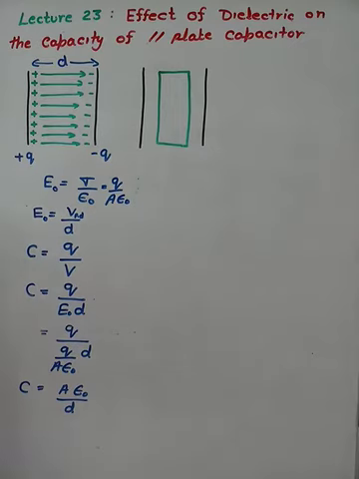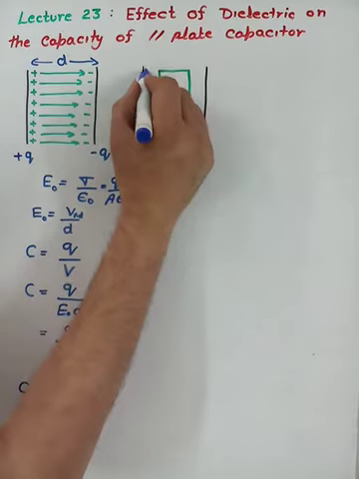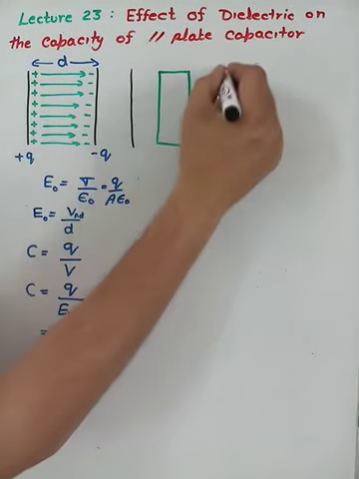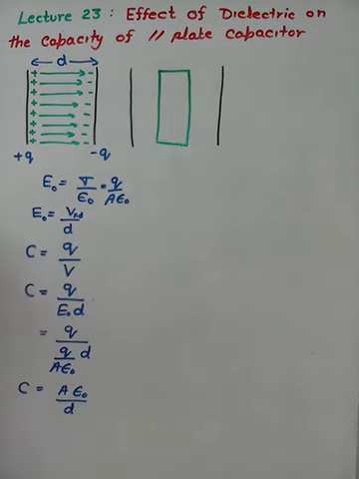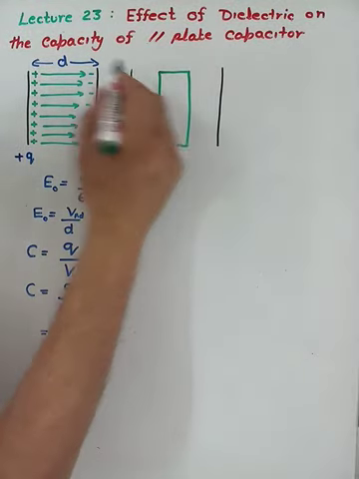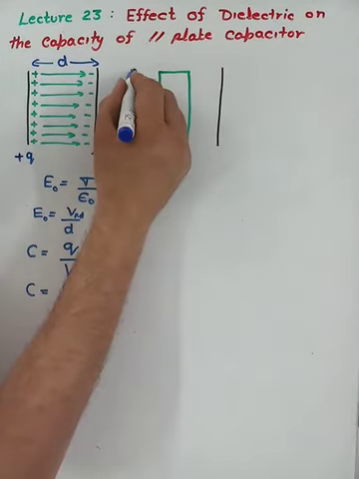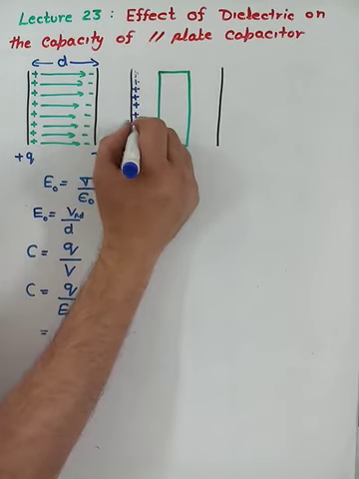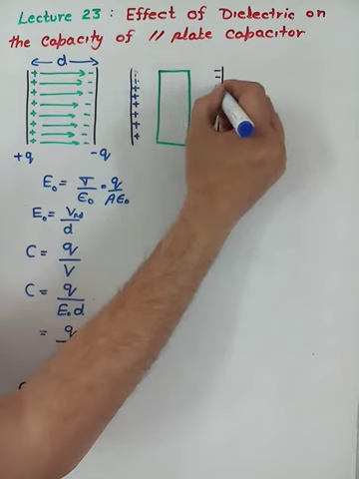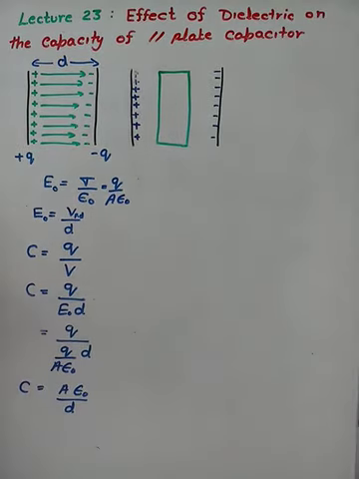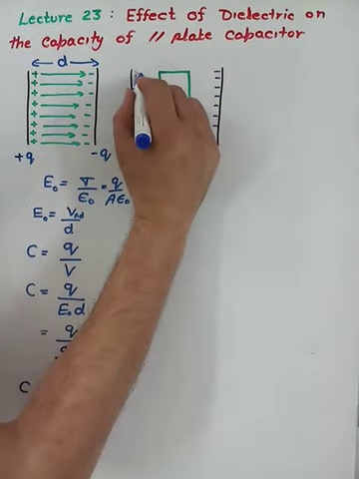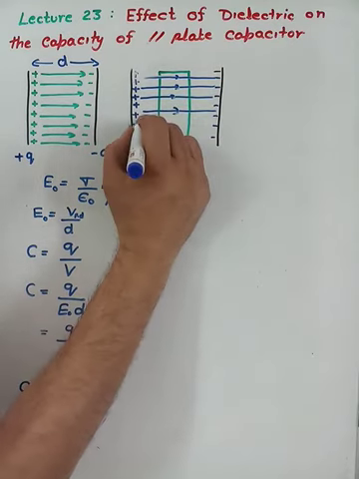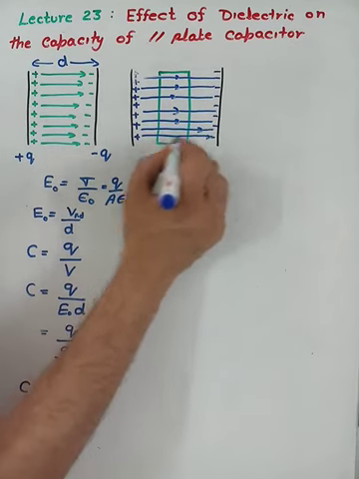Here we have plus charges, 1, 2, 3, 4, 5, 6, 7, 8, and here the same number of negative charges. Now the field is, as we have shown earlier, like this: 1, 2, 3, 4, 5, 6, 7 and 8.